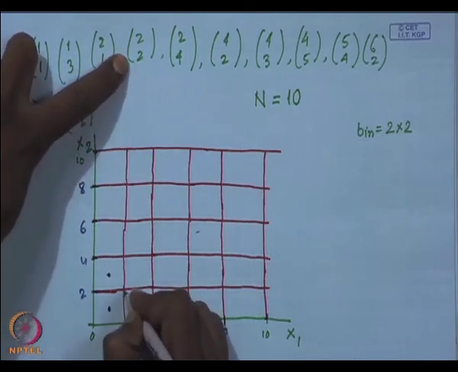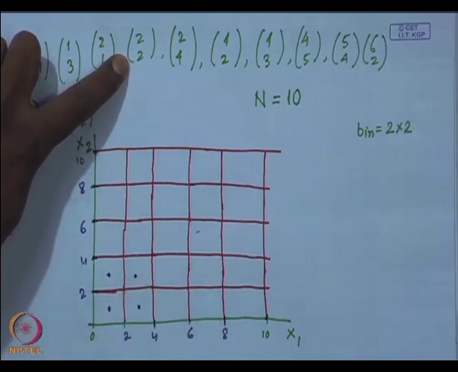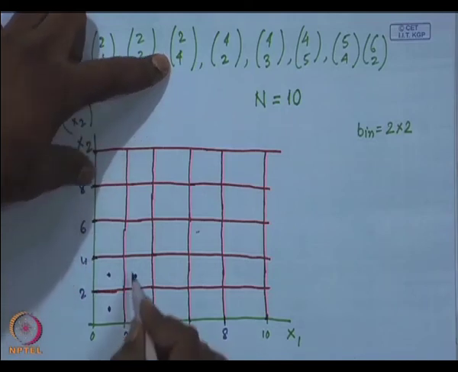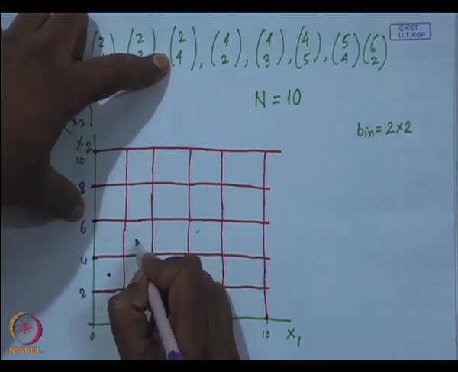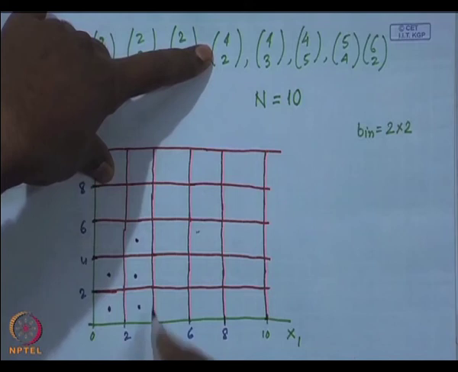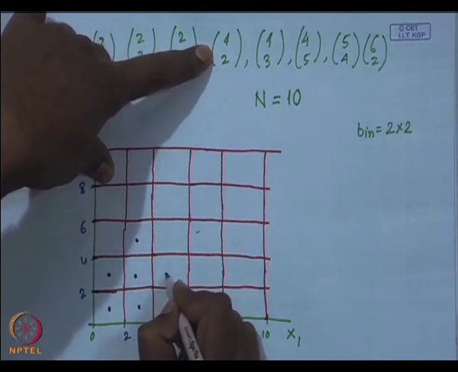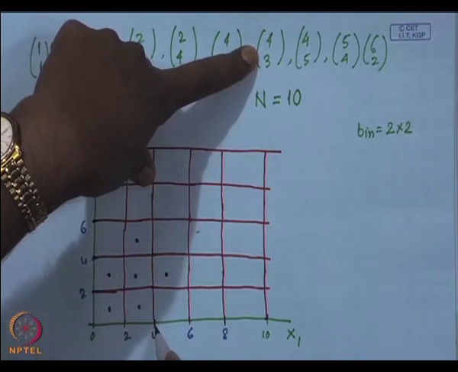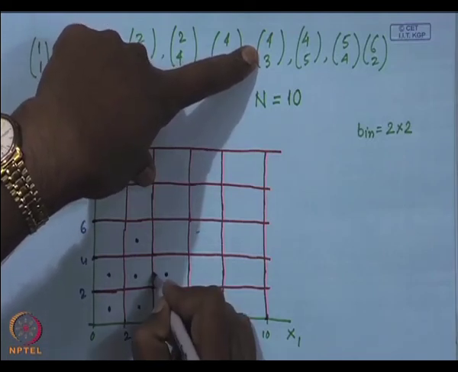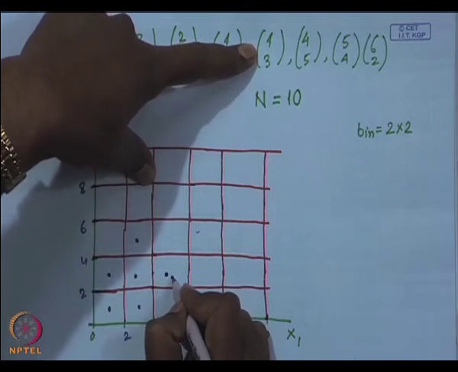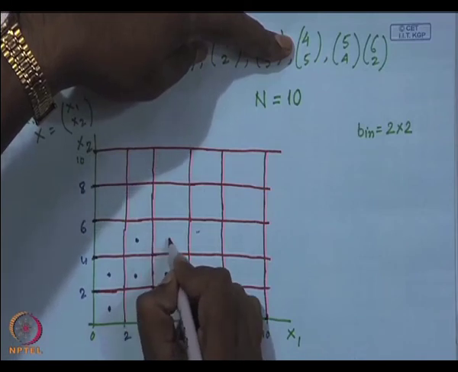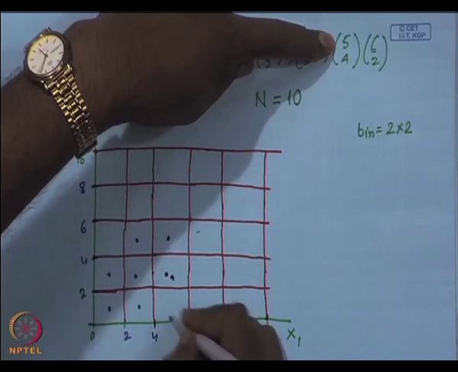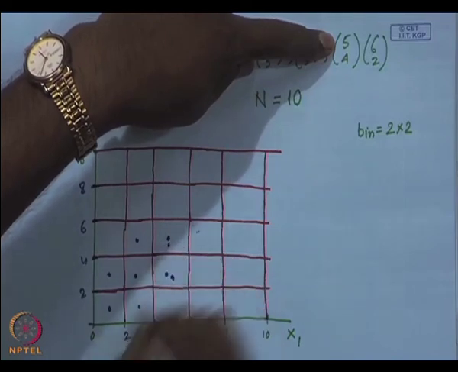2 2 is this point, but by convention, as we said, we assume that this falls within this bin. 2 4, again that is this point, and by convention we assume that this falls in this bin. 4 2, by convention we take that it falls within this bin. 4 3 is somewhere over here, by convention I assume that it falls within this bin. 4 5, by convention I assume that it falls within this bin. 5 4, by convention I assume it falls in this bin.